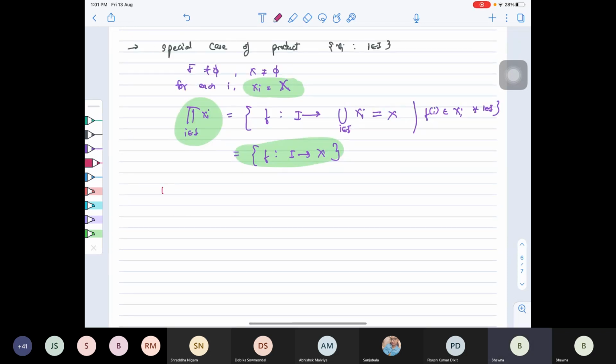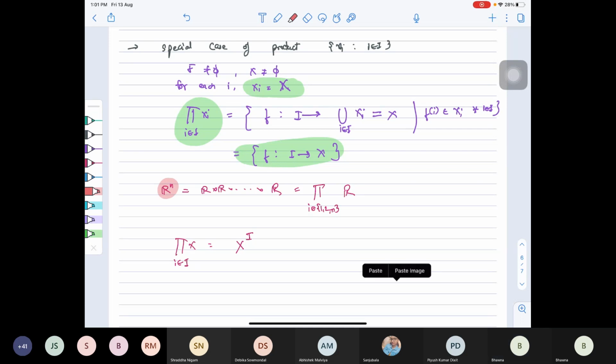When we had Rn, we know that Rn was the Cartesian product R cross R cross R, that means the product over i belonging to the set 1 to n of R. So if I have the product of some particular X, I will denote it by X to the power I. Here Rn is the product of R, n many times; n is just used to denote the index set 1 to n.